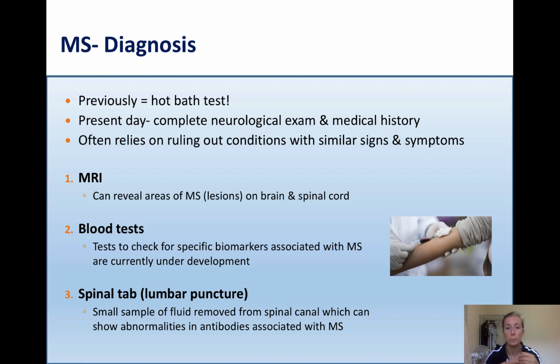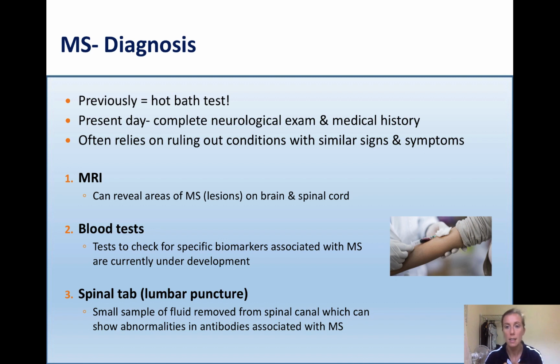Blood tests are currently under development, we've got specific biomarkers that are associated with MS, so these tests are being researched and validated as to whether they can help with a diagnosis. And then finally, spinal tap or lumbar puncture procedures is where we take a small sample of fluid directly from the spinal canal, and that can help show if there are any abnormal antibodies present within that fluid that could be associated with MS.